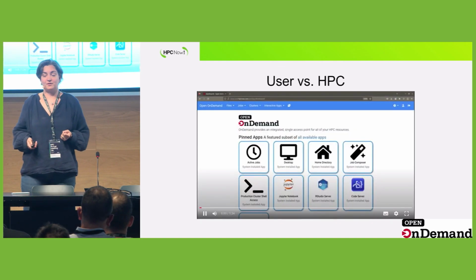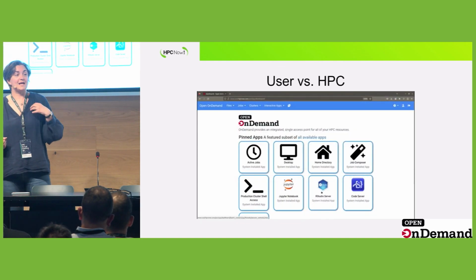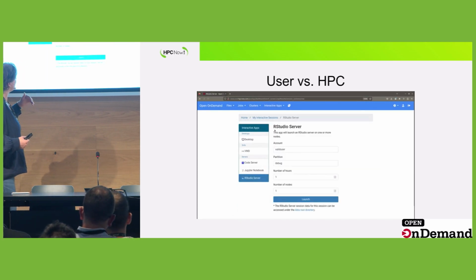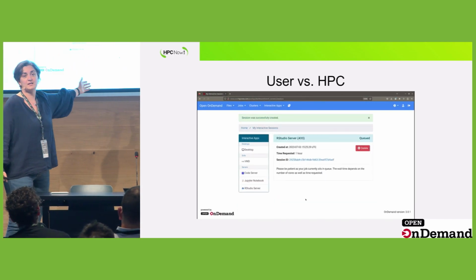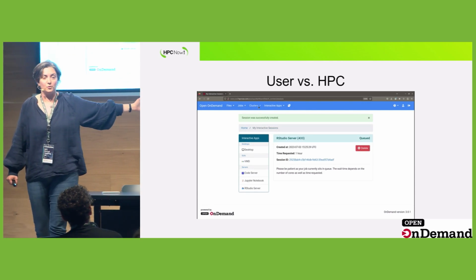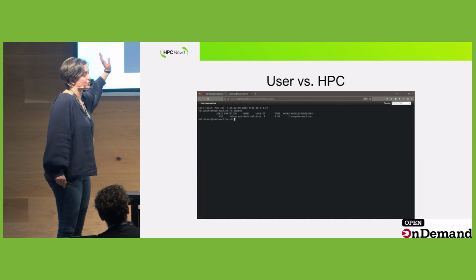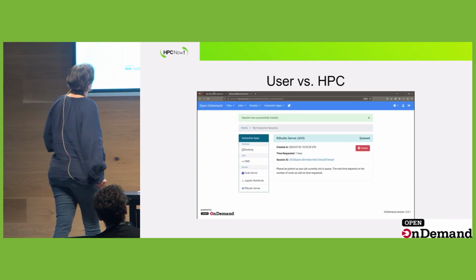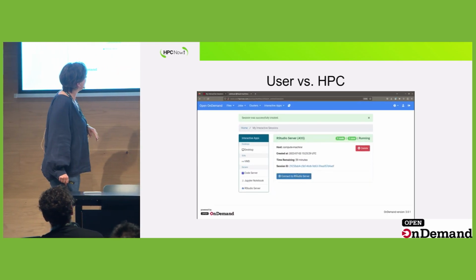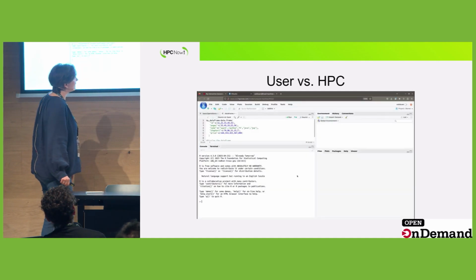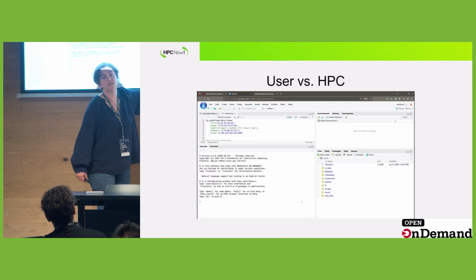Then Open On Demand arrived. And all those users, like me, who didn't care about performance, just want to have the job done. They want to run RStudio, getting access to their data. They don't have to copy that anymore. They just go to Open On Demand, open RStudio. If they want to check that this is running, they can check. And then connect to RStudio, having access directly to the data on the cluster.